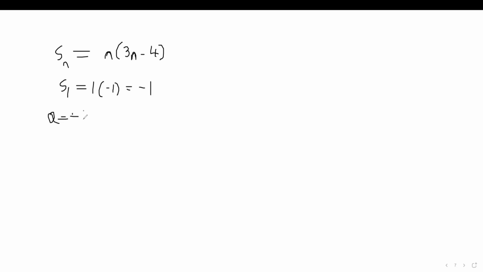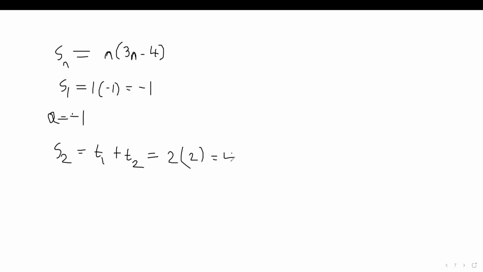Then we'll plug in n as 2, which is S2. S2 is the first term plus the second term, so T1 plus T2. We plug in 2: 2 times 3 times 2 minus 4, which is 2 times 2, and we know that is 4.